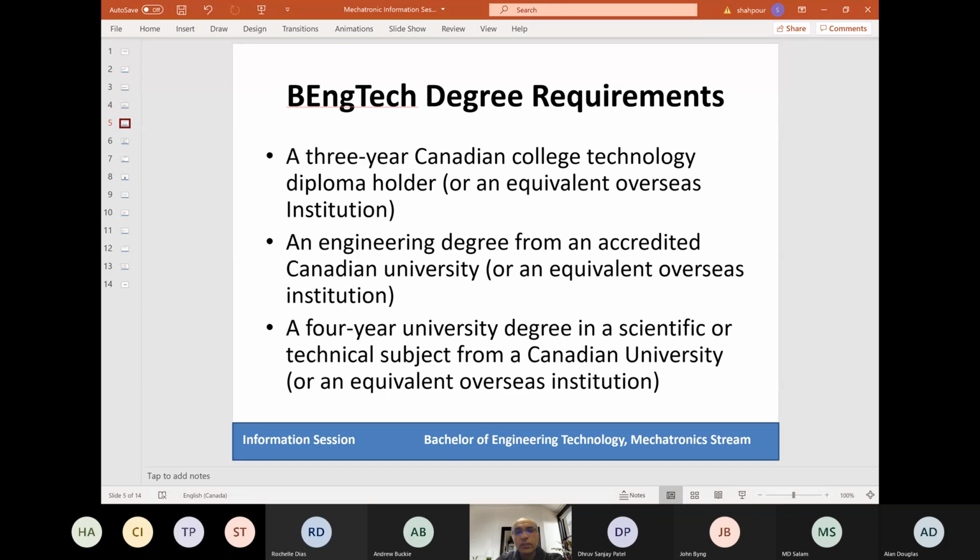The overall requirement for the program is that you should have either a 3-year Canadian college technology diploma, or a 4-year science, math, or physics diploma. For the mechatronics stream, we have some exceptions for those with a 2-year diploma who have at least 3-4 years of related working experience; they could be admitted to the program as well.